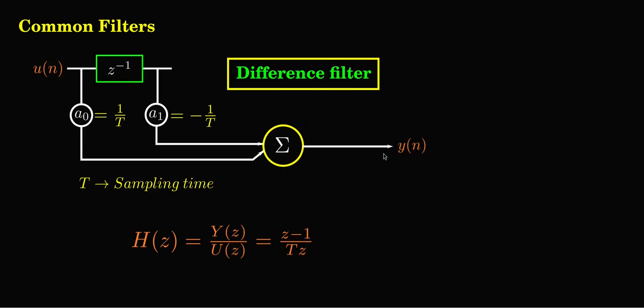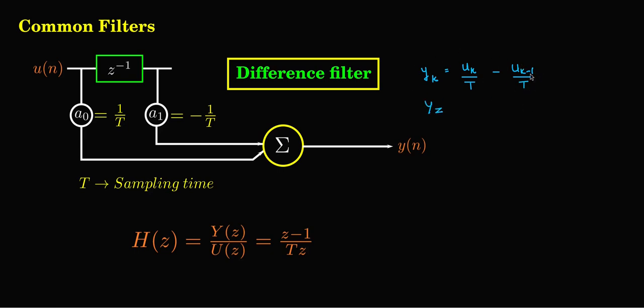Let us write the equation at a given instant of time kT. So y of k equals u of k into a naught, which is 1 by T, then plus minus 1 by T into u of k minus 1. So minus u of k minus 1 by T.